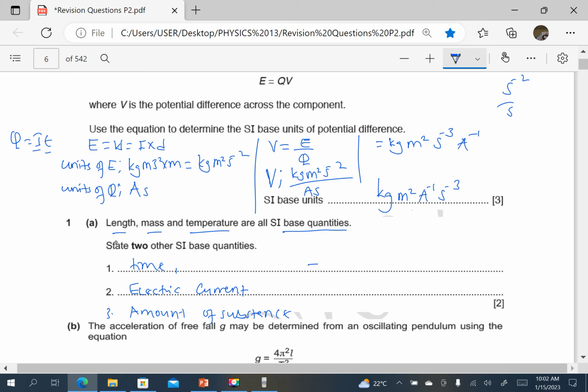Number 6, we also have luminous intensity.